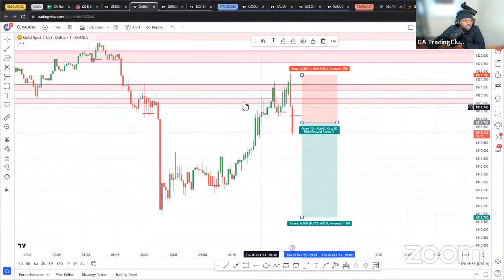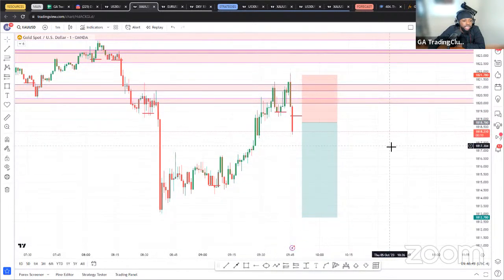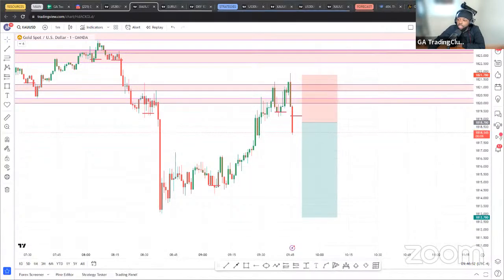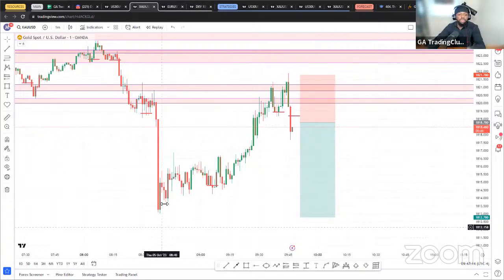So again, I'm hoping it doesn't get too extended or too overextended like yesterday. But I do see us touching 1800 today. Yesterday I did mention we're possibly going to touch 1800. It was either yesterday or probably today. So it might be today.